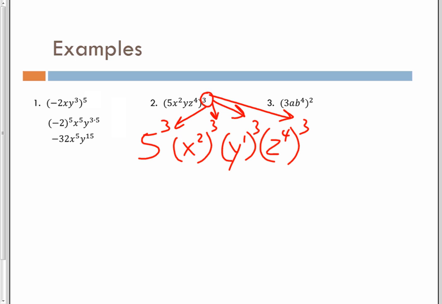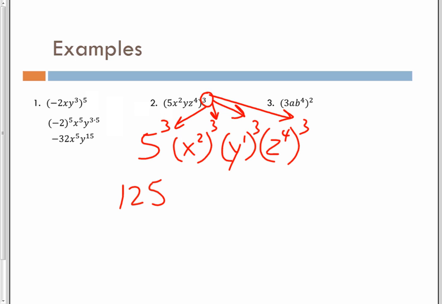Everything gets that power of 3 because it's on the outside of the parentheses. Some of this you can take care of with the calculator. What is 5 to the third power? 5 to the third, 125.